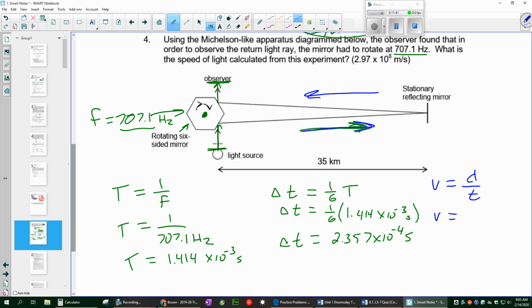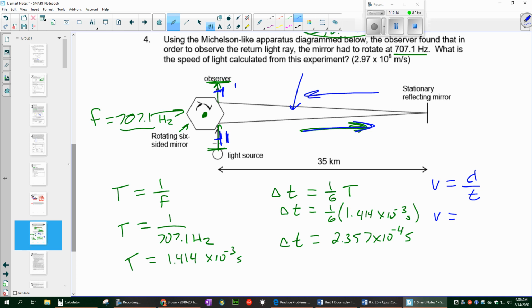Would we need to account for the distance from the light source to the mirror? No, that is so negligible. Like you could be right beside it, and then it's going 35 kilometers that way. We're talking about centimeters versus kilometers, so the error is negligible. And wouldn't you need trigonometry to find the distance? No, and I know what you're talking about, because this looks like a triangle. Again, that triangle is negligible.